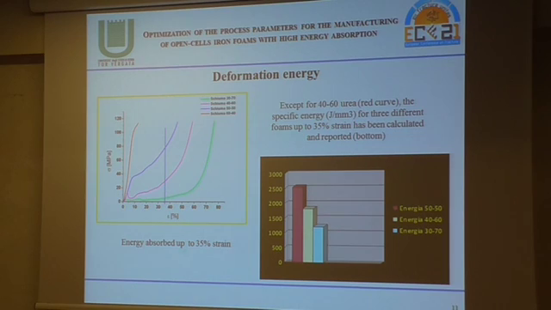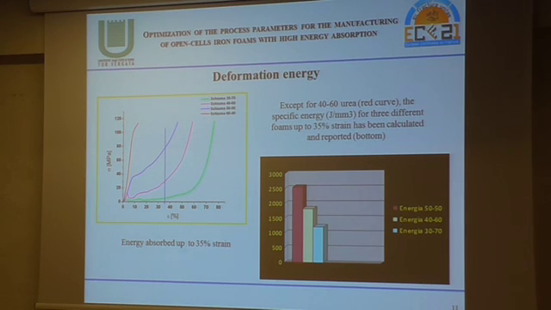For what concerns the deformation energy, on the left I reported some results. The red curve is relative to foam 60-40, the blue to 50-50, the violet to 40-60, and the green to 30-70.